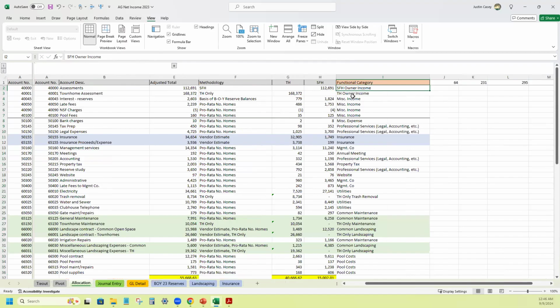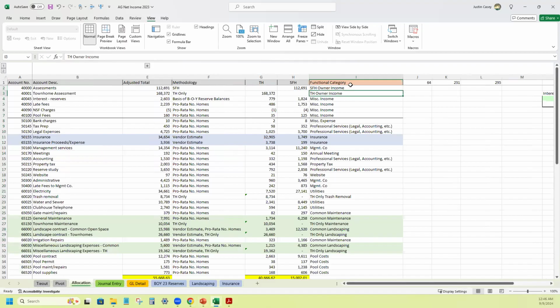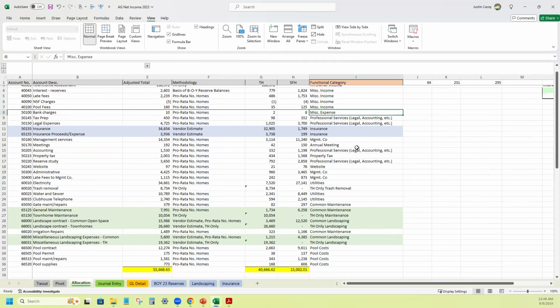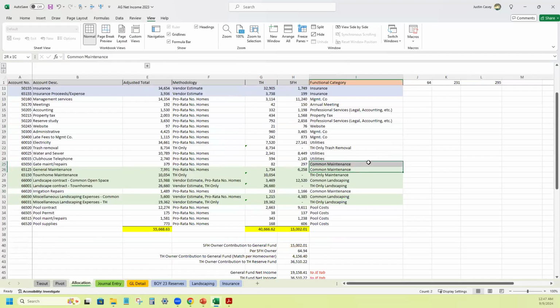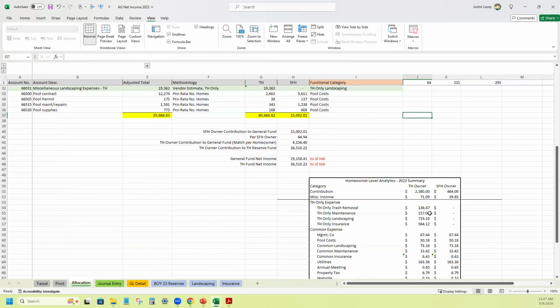I called assessments base income, things that are not assessments miscellaneous income, bank charges miscellaneous expense, tax prep and legal expenses professional services, insurance, management co, annual meeting, property tax, website, more management co for admin and late fees to management co. Utilities encompasses electricity, water, sewer, and clubhouse telephone. Townhome only trash removal is the trash removal account. Then common maintenance, townhome only maintenance, common landscaping, townhome only landscaping, and then pool cost.